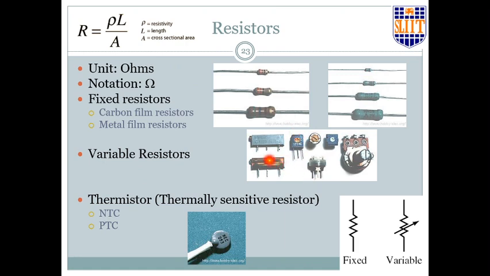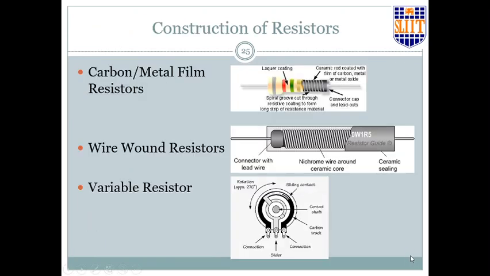Variable resistors, you have different types of variable resistors. The principle is the same. They have a sort of rotating part, which is the center point, sliding on top of a carbon film again, right?